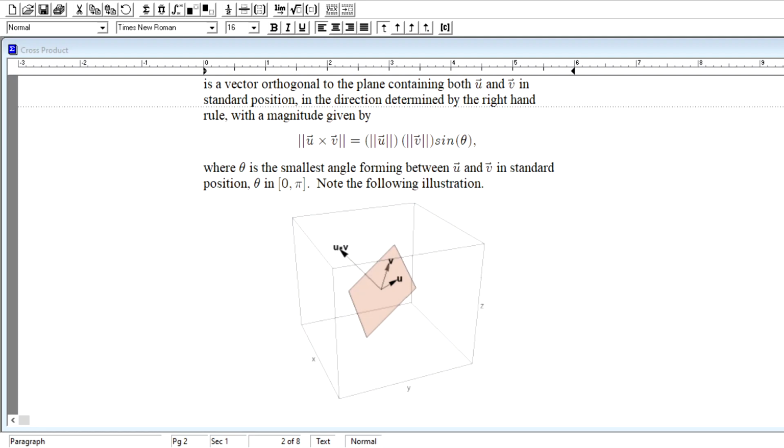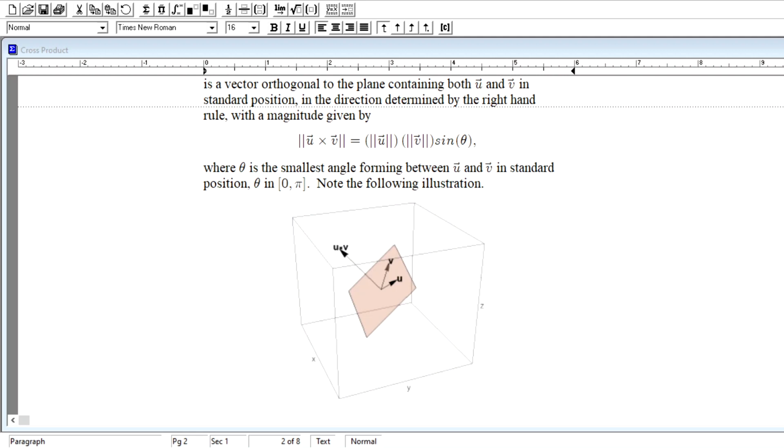Now, how the right-hand rule is applied to understand this direction is if I was to place my right hand, it's always your right hand, flat on this plane, with my uncurled fingers, my hand laid out flat but on its edge, with the thumb pointing in the direction of u crossed with v.